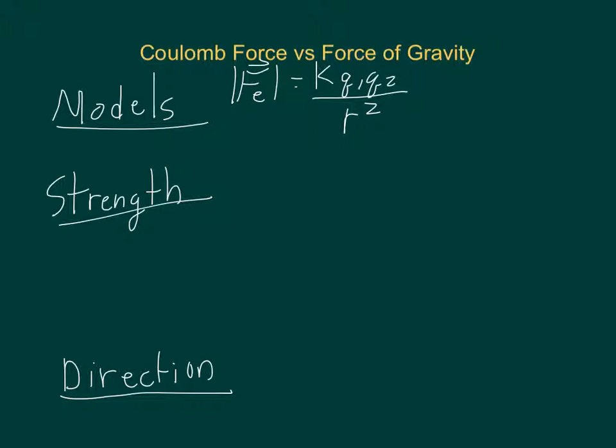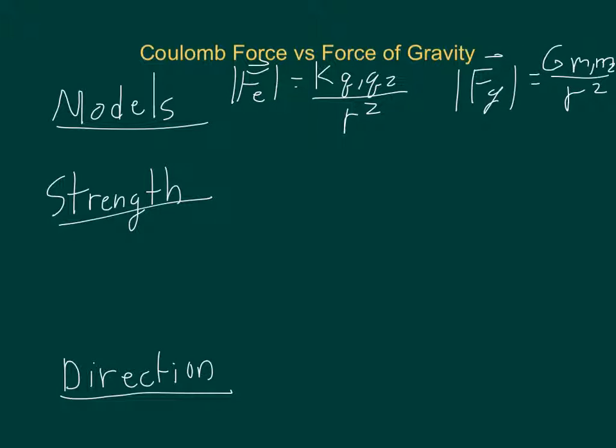And then for the force of gravity, as you recall when we did Newton's law of gravitation, the magnitude of that force is equal to the universal gravitational constant multiplied by the two masses with which the gravity is shared divided by their distance squared.